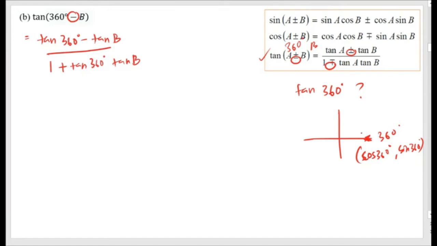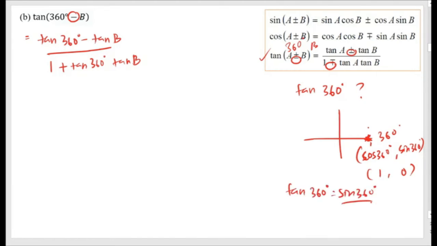XY, XY, so this is 1, and 1, 0. So tangent 360 equal to sine 360 divided by cos 360.